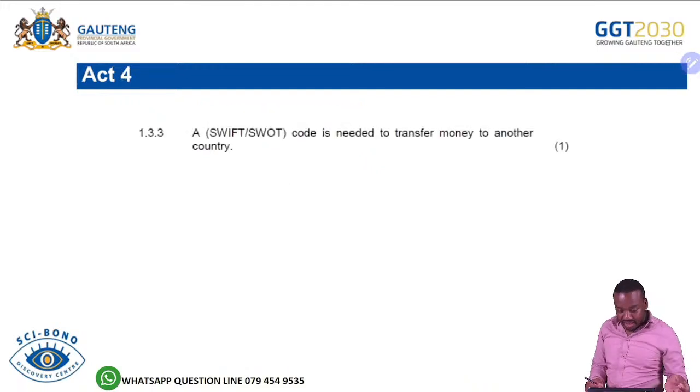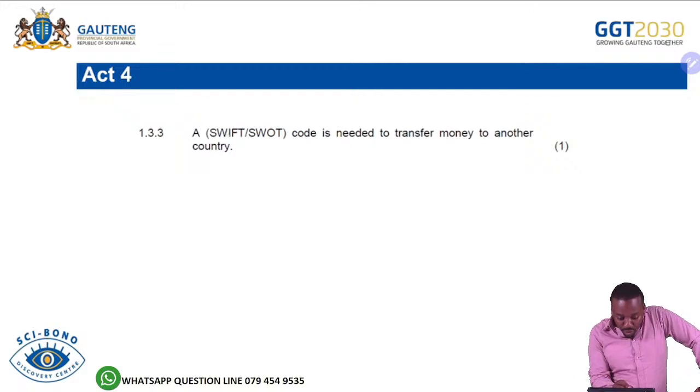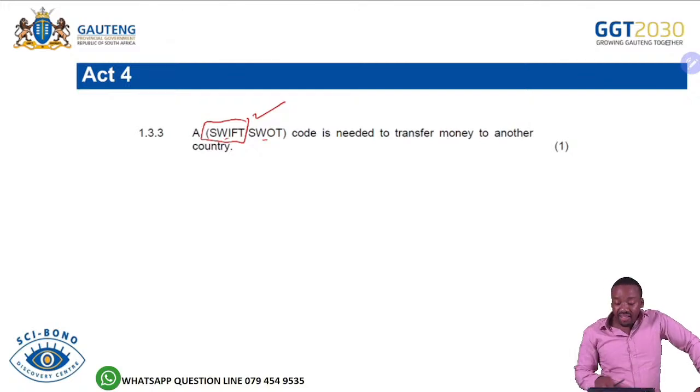Then the last activity, they are saying a SWIFT code, multiple choice. It is needed to transfer money to another country. Which one is the correct one? It is a SWIFT. Remember, I spoke about this when I first started.